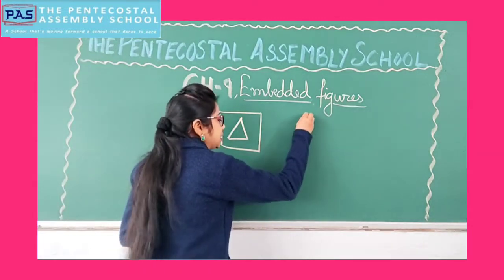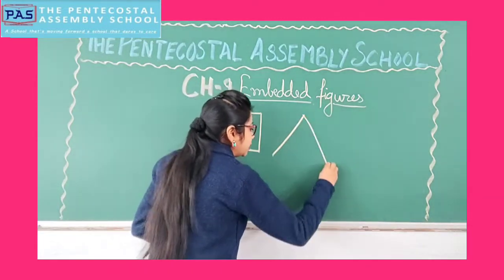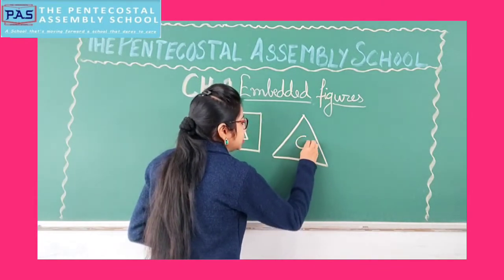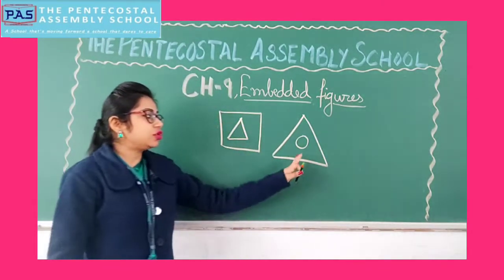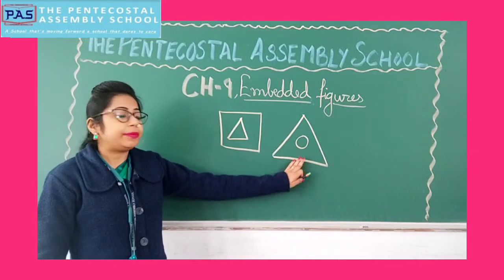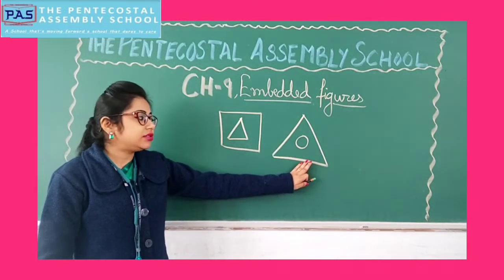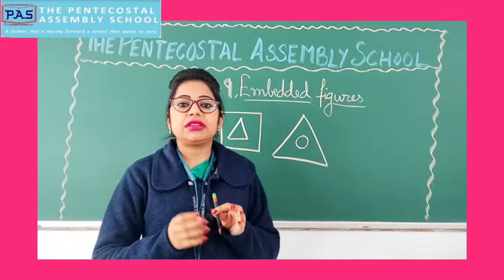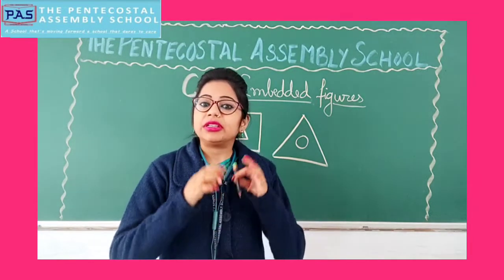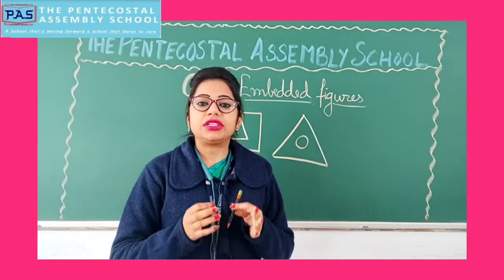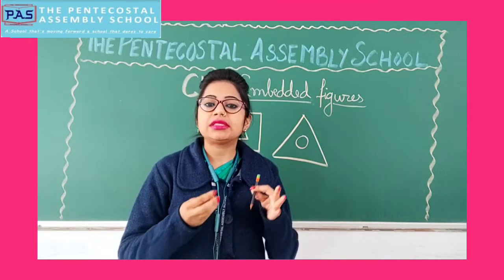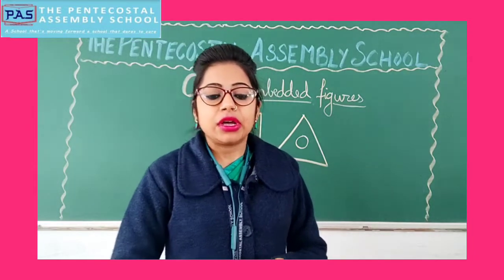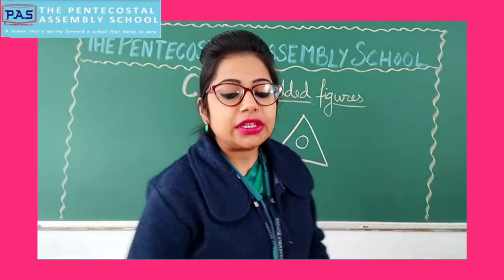Again, I am drawing a triangle and I am also drawing a circle inside this triangle. So the circle is embedded inside the triangle. Any figure which is present inside some other figure is called embedded. So let us talk about question number 21.